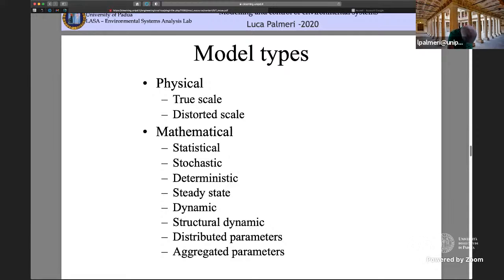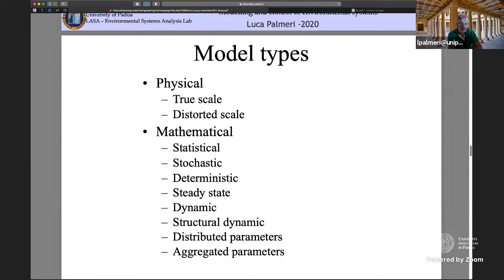And by employing this kind of physical model, we may gain some knowledge, in particular on the management issues related to the management of physical systems. For the mathematical models, instead, we have a much more elaborate classification system.